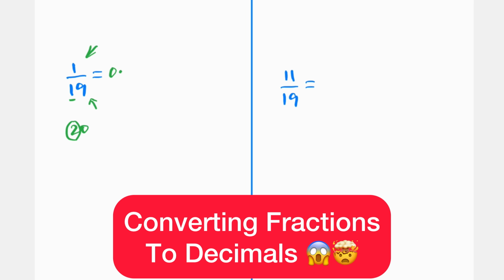Dividing 1 by 2 is 0, remainder 1. The remainder 1 we write here as small. The answer is in green, and this orange is just remainders to tell you what the process is. And then we consider this as one number, as 10, and 10 divided by 2 is 5, and there is no remainder.